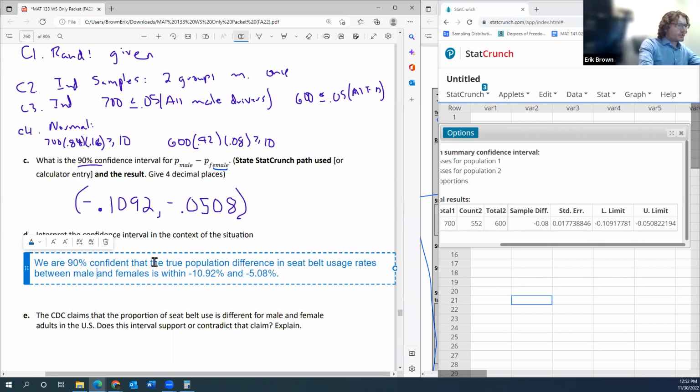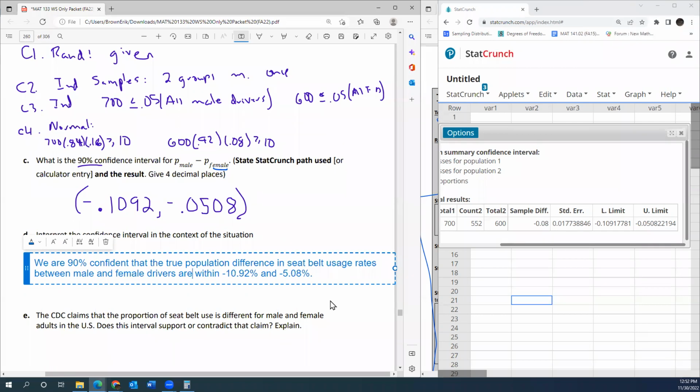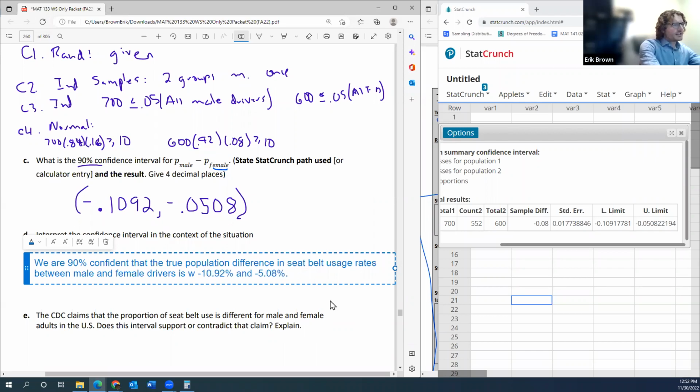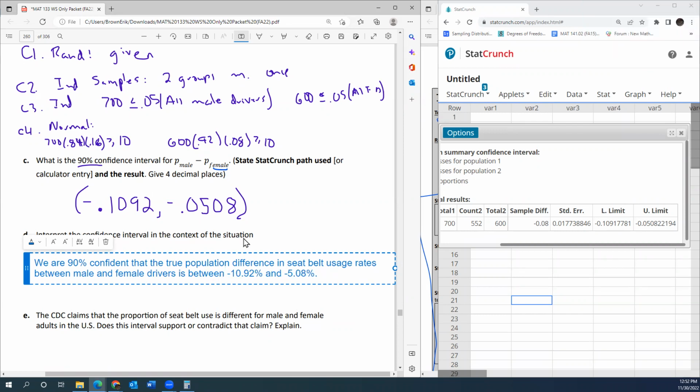And I guess this should really say male and female drivers. And should this really say within? Can I say between? That's better. Within is usually used if you write the interval in interval notation.